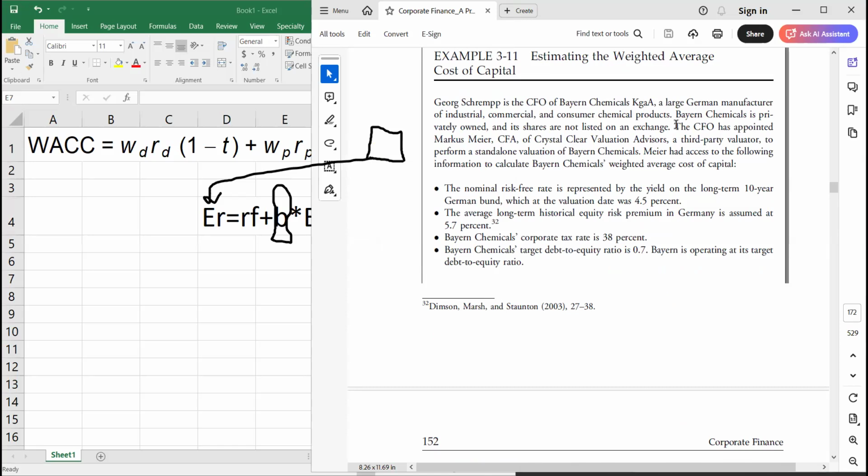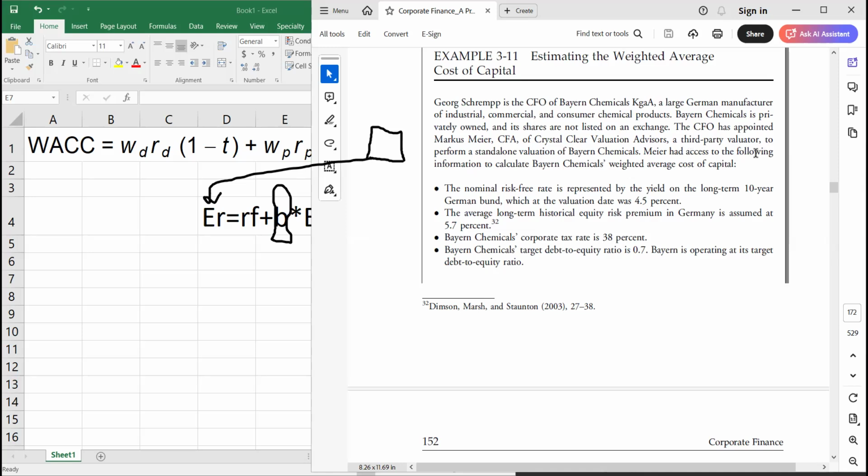Here it is a chemical company. Bayern Chemicals is privately owned, so that is the keyword. So no information is available about this company. Its shares are not listed on the exchange. The CFO has appointed Markus Meyer as the CFA of Crystal Clear Valuation as a third-party evaluator to perform the standalone valuation of Bayern Chemicals.